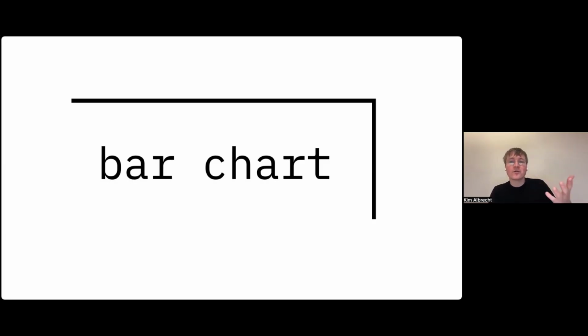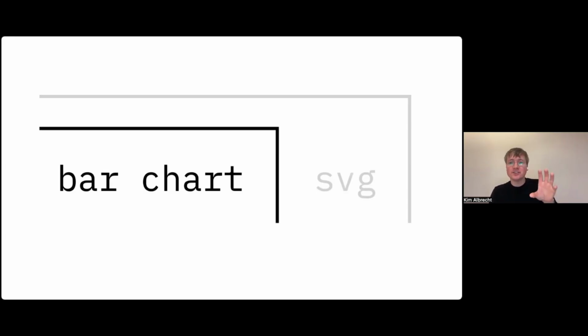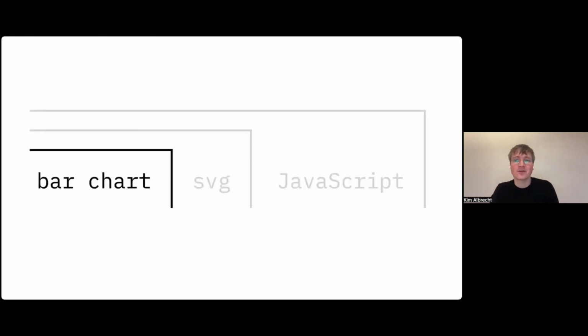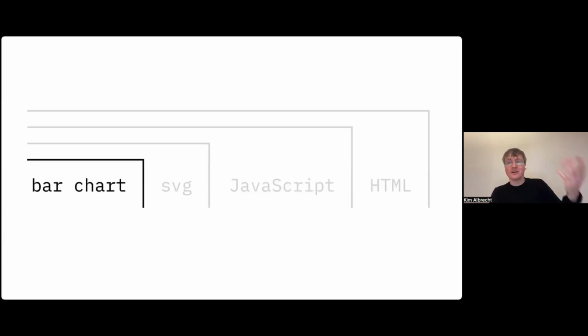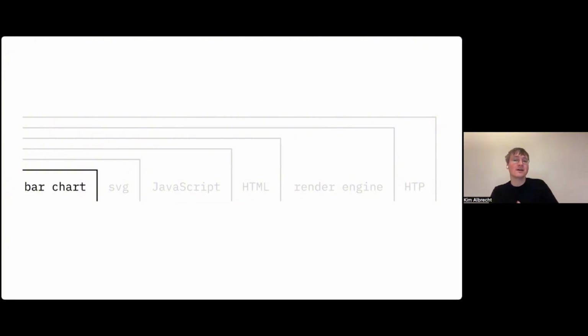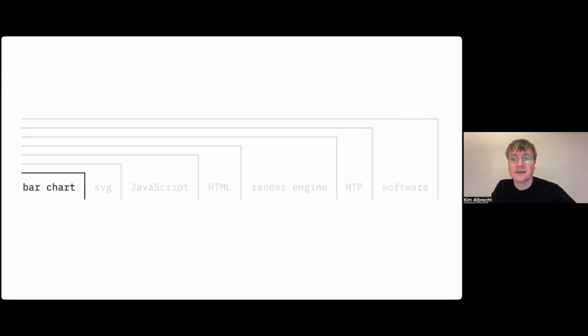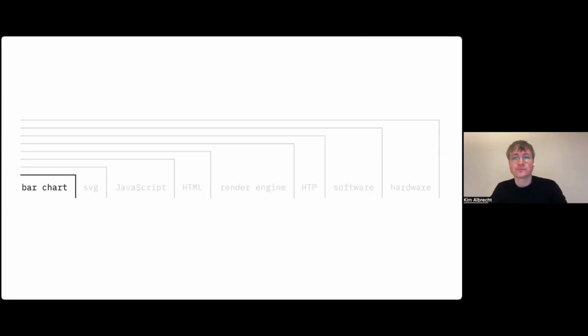And there's a conglomerate of these spaces, from the SVG that I'm drawing in, the JavaScript that I'm using to make the graphics, the HTML environment, the render engine, and the processes that lie beyond that. It's always this conglomerate of nested spaces that is, for me, the medium which I design.